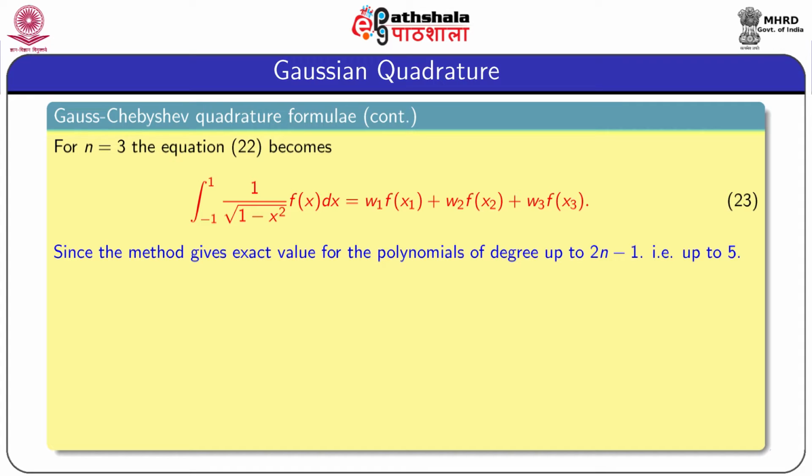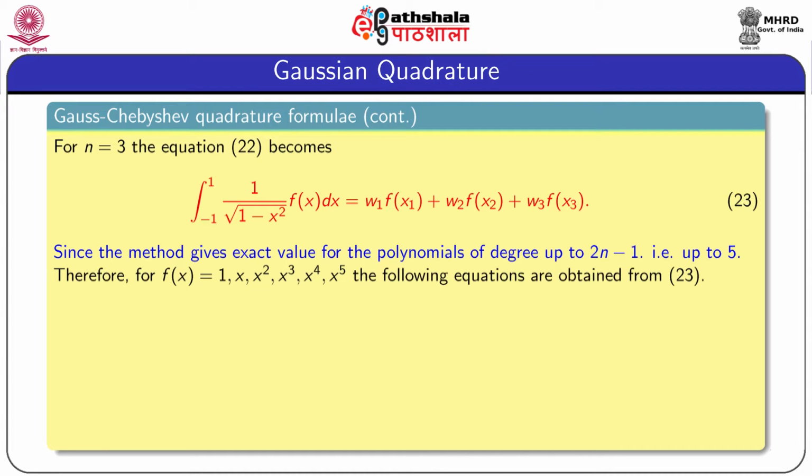Now, we have to determine the values of w1, w2, w3 and x1 to x3. Since this method gives the exact value for polynomials of degree up to 2n minus 1, that is up to 5, therefore for f of x equal to 1, x, x square, x cube, x4, x to the power 5, we get the exact answer obtained from equation 23.